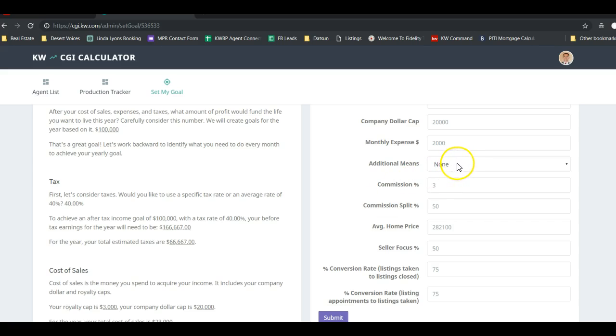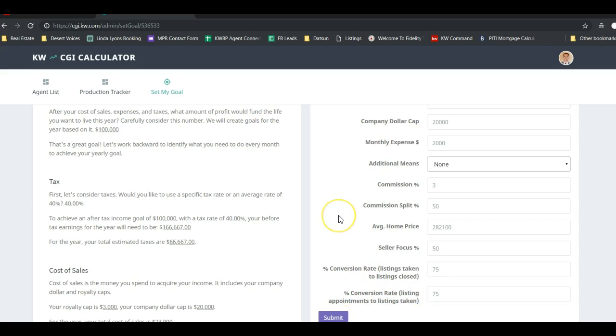Any other means that you have, if you have a salary, if you have a draw, if you have another job, whatever you want to do. Your typical commission, your split with the office, the average home price, whether you're a buyer or seller focused. Your average conversion rate, listing taken versus listing sold, and your conversion rate, listing appointments versus listings taken.